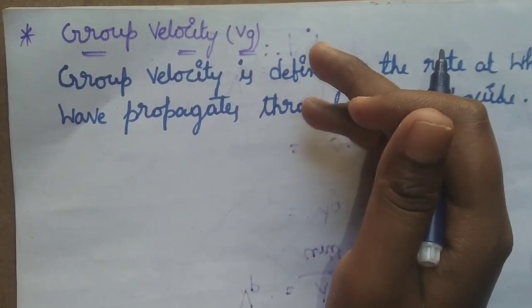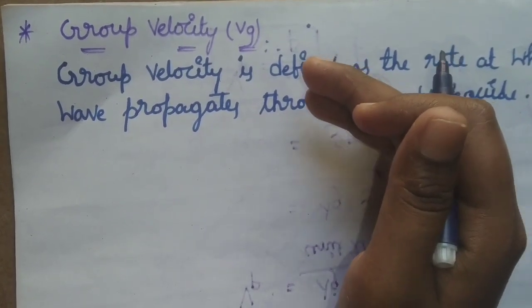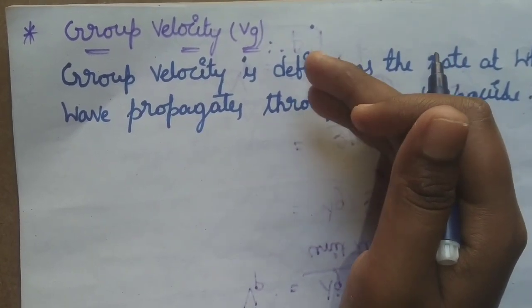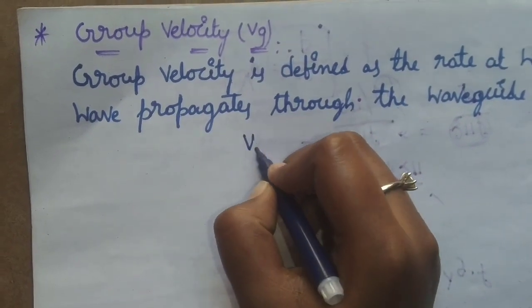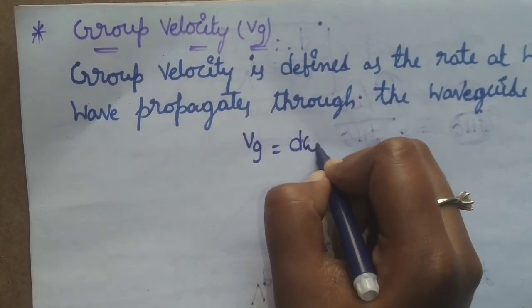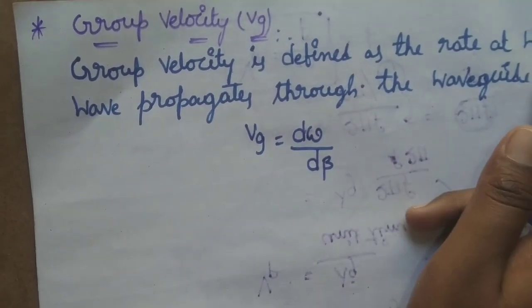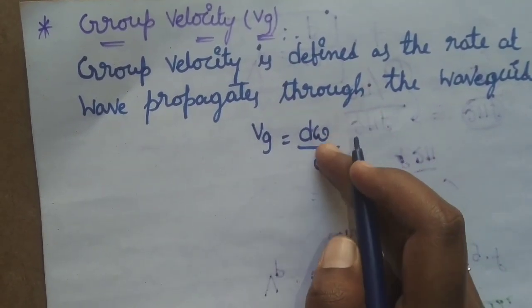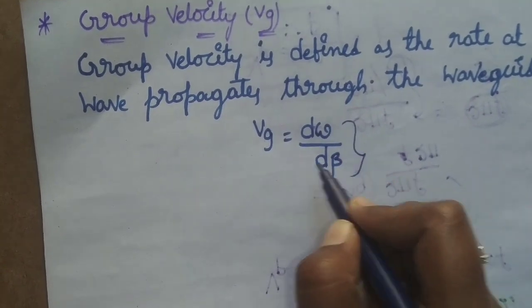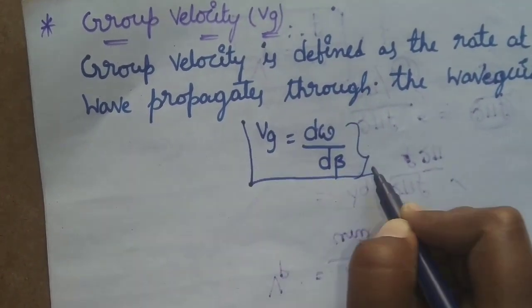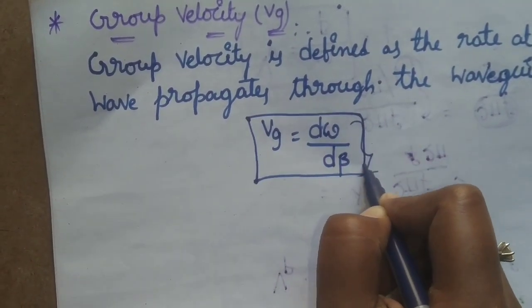Now in equation form, Vg is equal to d omega by d beta. The rate at which the wave propagates through the waveguide is the formula for group velocity Vg.